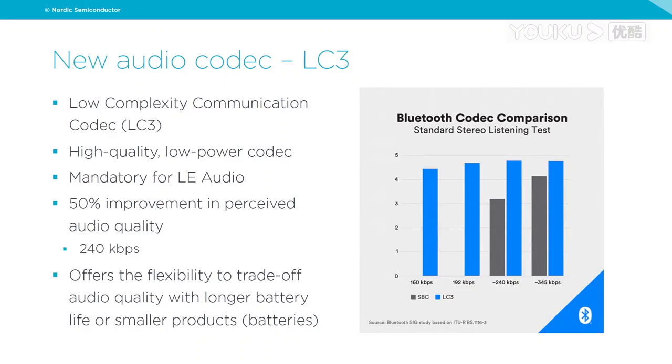It's also interesting to see that if you use a 160 kilobit per second bitrate, the perceived audio quality is still pretty high compared to SBC. So it's much more efficient and low power. It's also a very flexible codec, so you can do a trade-off between audio quality and longer battery life, or smaller batteries. Smaller batteries lead to smaller products.